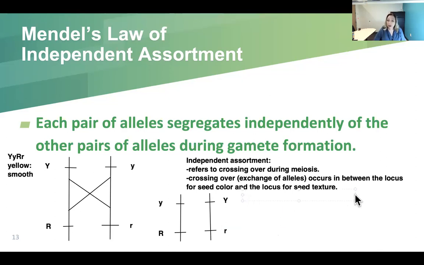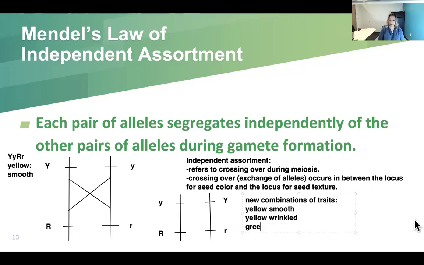So independent assortment can give you new combinations of traits. So we could start with yellow smooth, just like the parental, but we could also have yellow wrinkled because of crossing over.